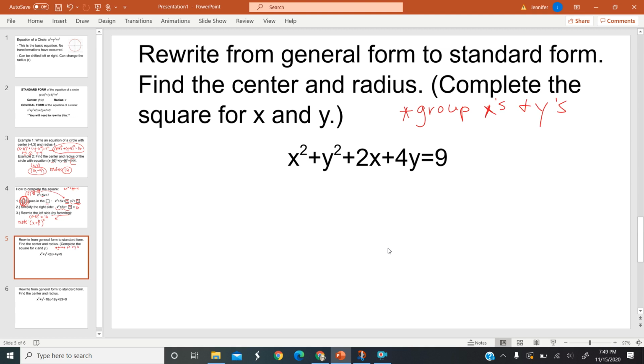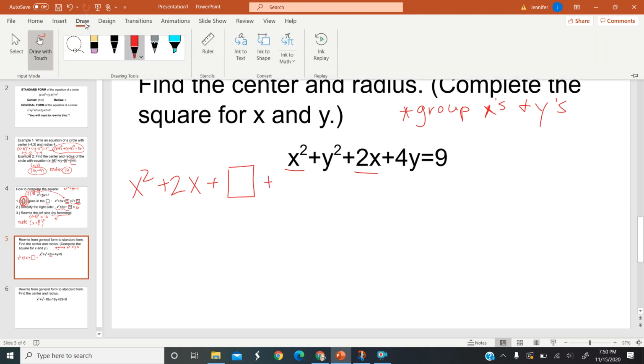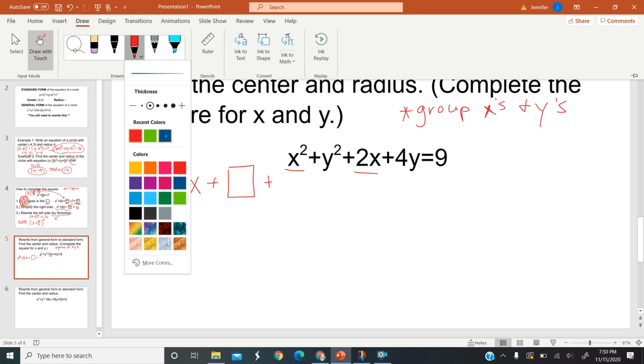So what I mean by that is when I'm going to rewrite our equation, I would have x squared, and then I want my 2x with that. And then the weird thing here is you're going to end up adding a couple of different blanks in this one. So I have my x squared plus 2x, and I need to complete the square for x. So I'm going to go ahead and add a blank for x. And then I'm going to do plus, and let me change the color here so that you can tell a difference.